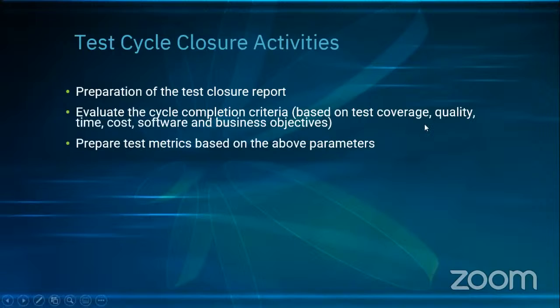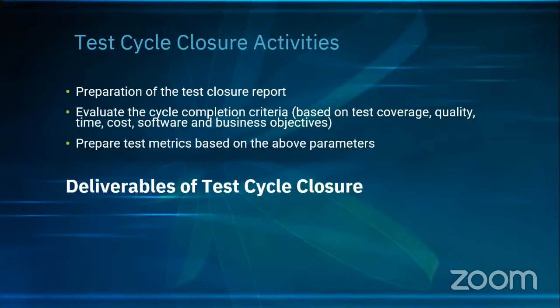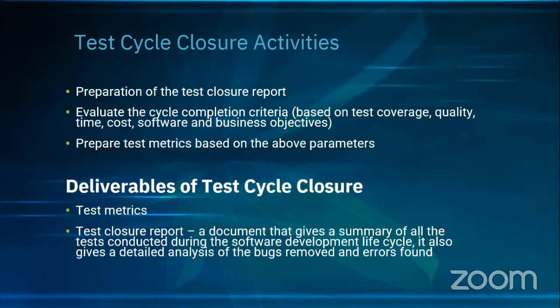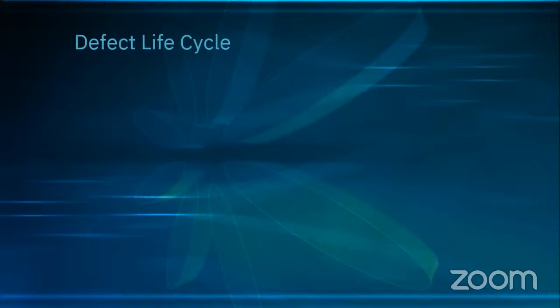So you can do your coverage, the quality, the time, all this, you can put it in place. What are the deliverables? You deliver a test matrix, you deliver a report, of course, TCR will be delivered. That is it. And that ends the software testing life cycle.